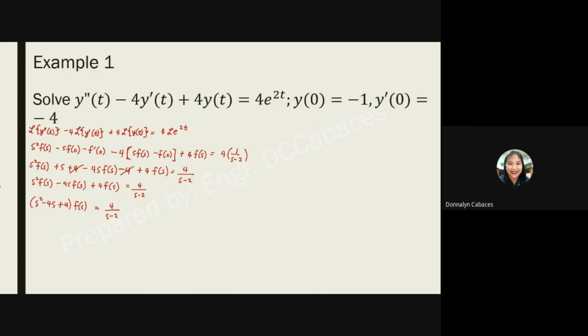Therefore, finding your f of s is equal to 4 over s minus 2 times 1 over s squared minus 4s plus 4. What is s squared minus 4s plus 4? That is s minus 2 squared. So this is now therefore 4 over s minus 2 times s minus 2 squared, which is s minus 2 cubed.